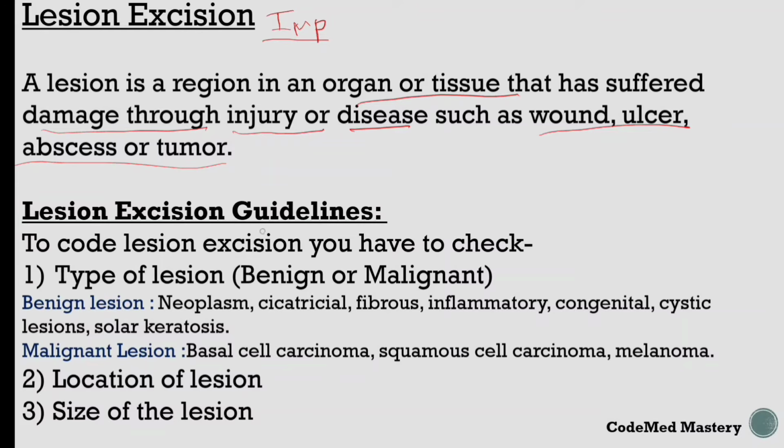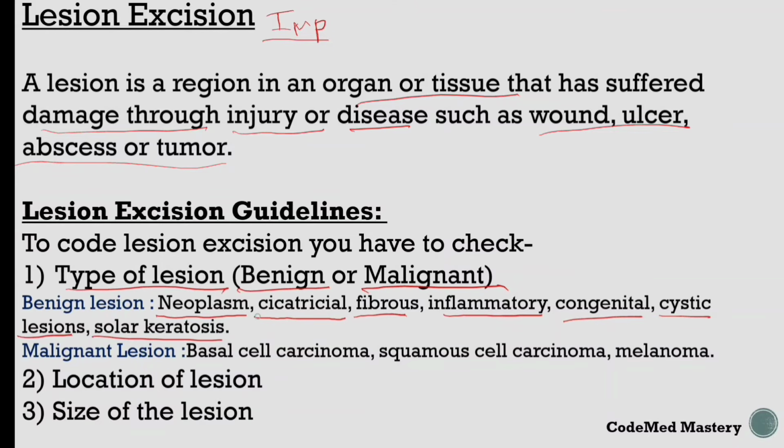Let us look at the lesion excision guidelines. To code lesion excision, you have to check first the type of lesion, whether the lesion is benign or malignant. So how will you find out whether it's benign or malignant? Benign lesion contains the terms neoplasm, cicatricial, fibrous, inflammatory, congenital, cystic lesions, solar keratosis.